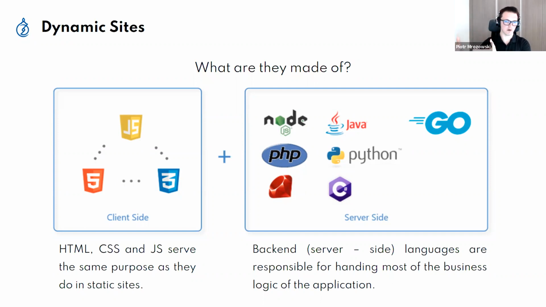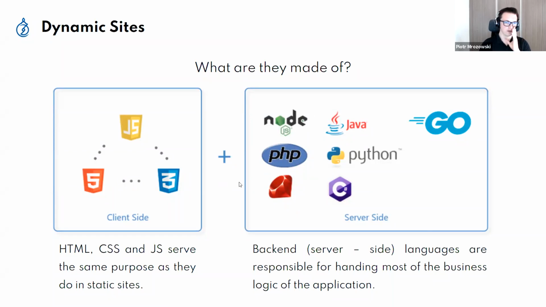So you see it in the browser, and then they take a backend language. Okay, not all of those are technical languages, but bear with me. They take a backend solution, and that is what we refer to as the server side. So that's where most of the business logic happens.